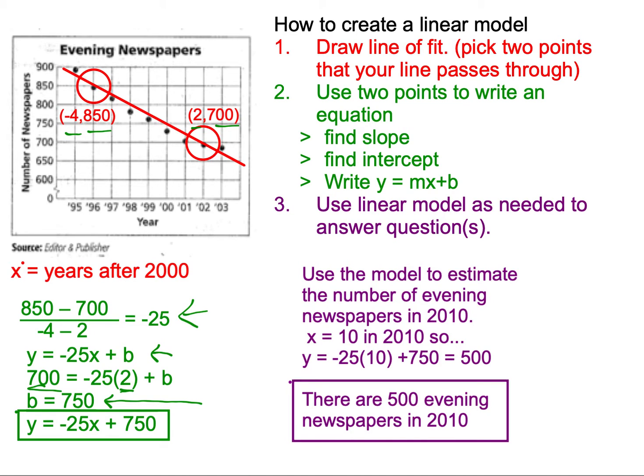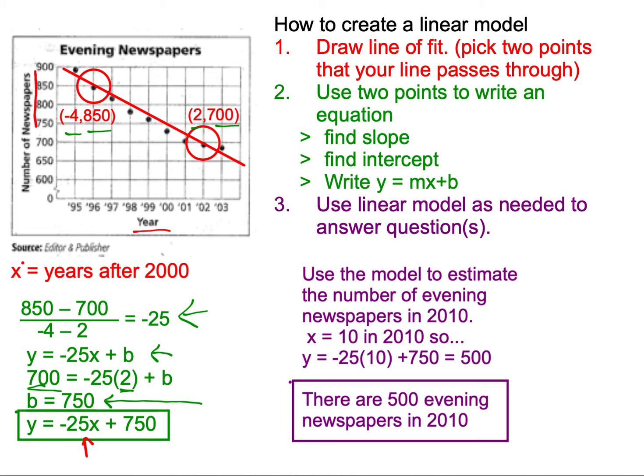There are some other things you'd be asked to interpret here. You may be asked to interpret the meaning of the slope. Now, slope is change in y over change in x, change in the number of newspapers over the change in years. So this -25 would mean the evening newspapers tends to decrease by 25 each year. Tends to.